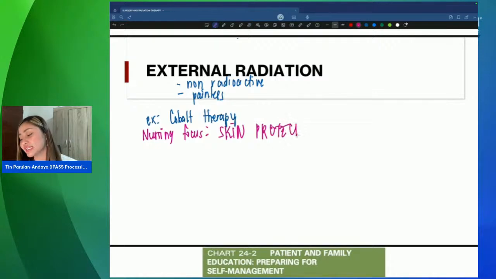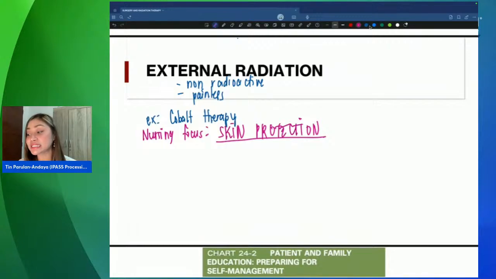So anything that reflects breaking the skin integrity, a compromise in the skin, is a big no-no. It's very important that we maintain the skin integrity of our patient. Of course, safety, yes, during and after the therapy. Anything that reflects skin protection, that would be the answer. Take note of that one.